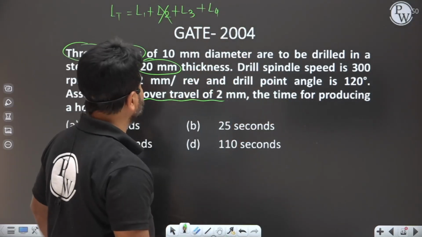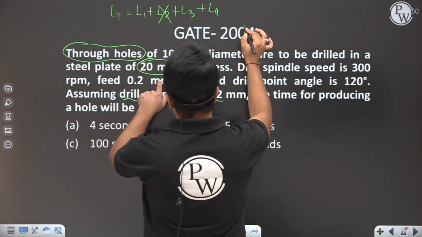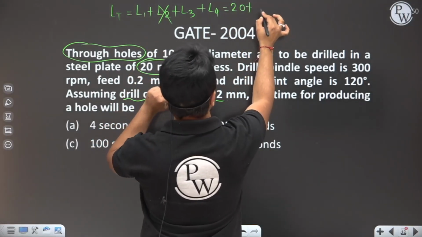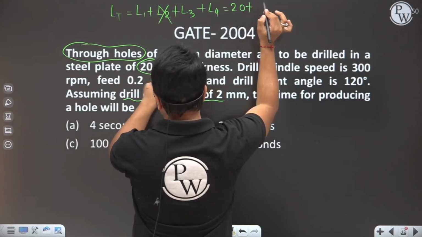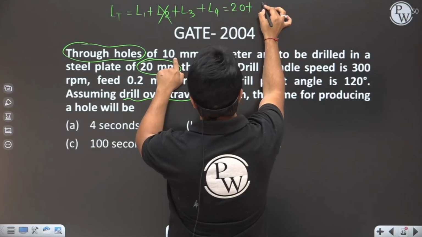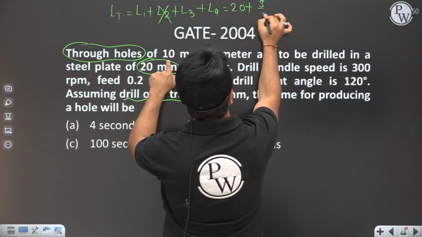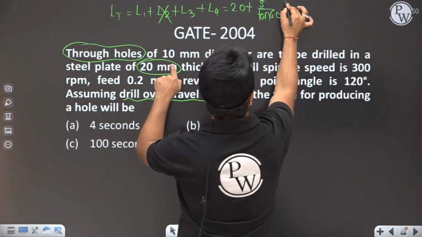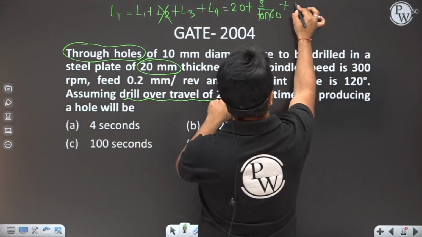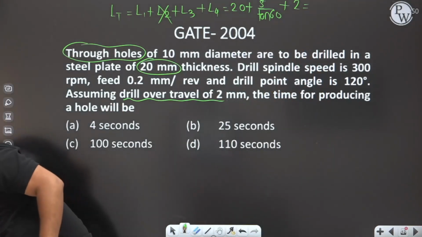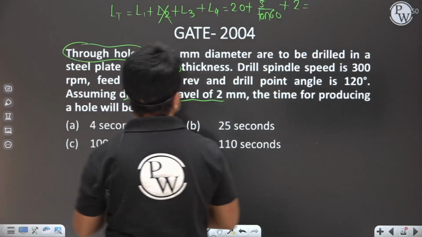So L1 is 20, L2 is 0, L3 is D by 2 divided by tan of beta. Through hole of 10 mm diameter, D by 2 is 10 by 2, that is 5, divided by tan of 60. Plus L4, that is 2. Now this is your total travel distance.